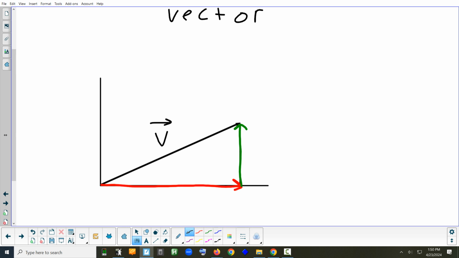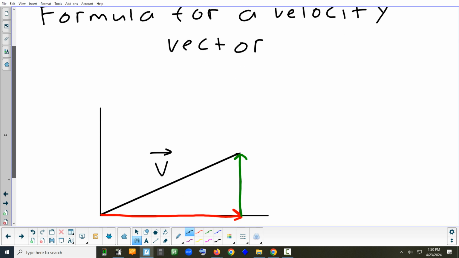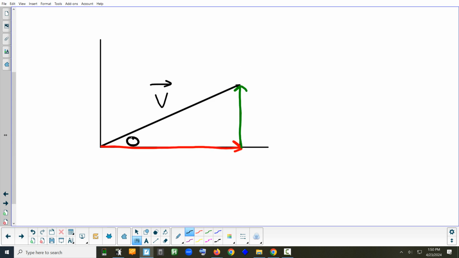So I'm going to tell you two things: the speed that we're throwing an object at, and the angle that we're throwing it at. The angle is right here. That's the angle with the ground. This line in black is my vector.